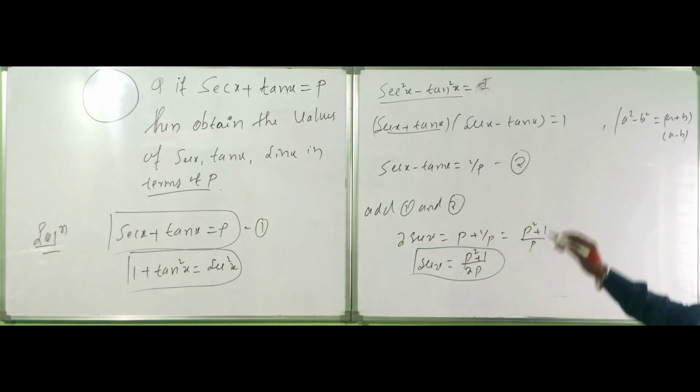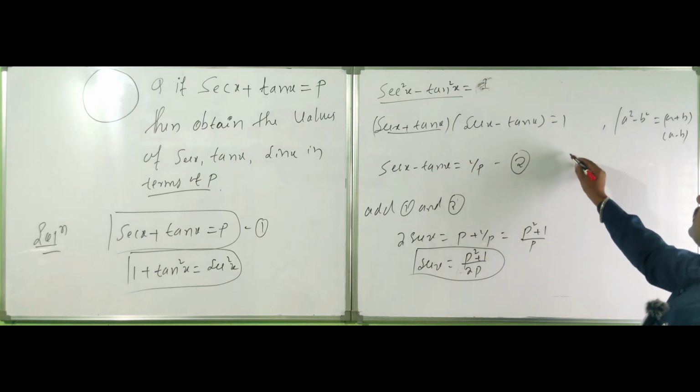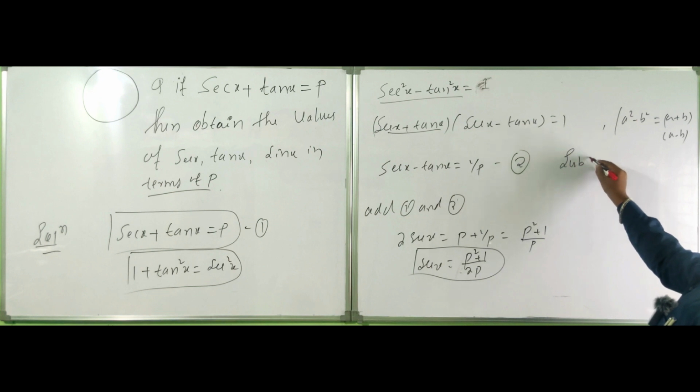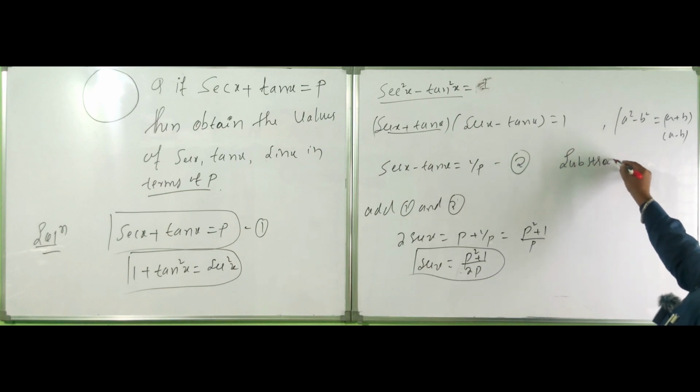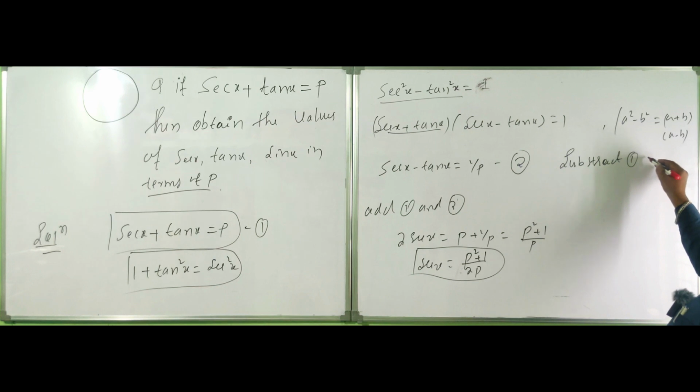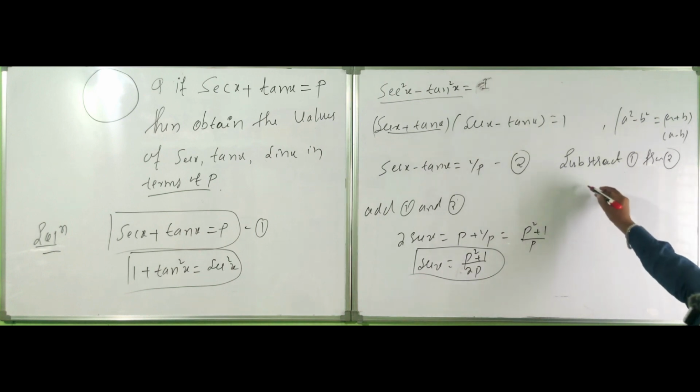Now subtract 1 from 2. This is the concept: subtract equation 1 from 2 means equation 2 minus equation 1.